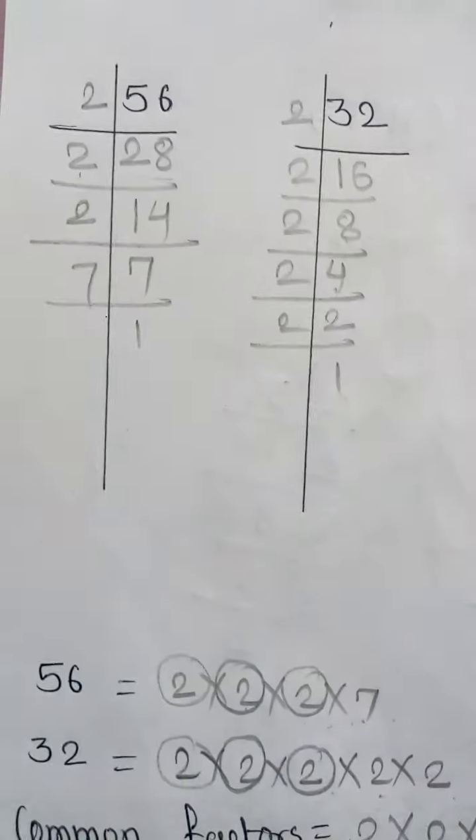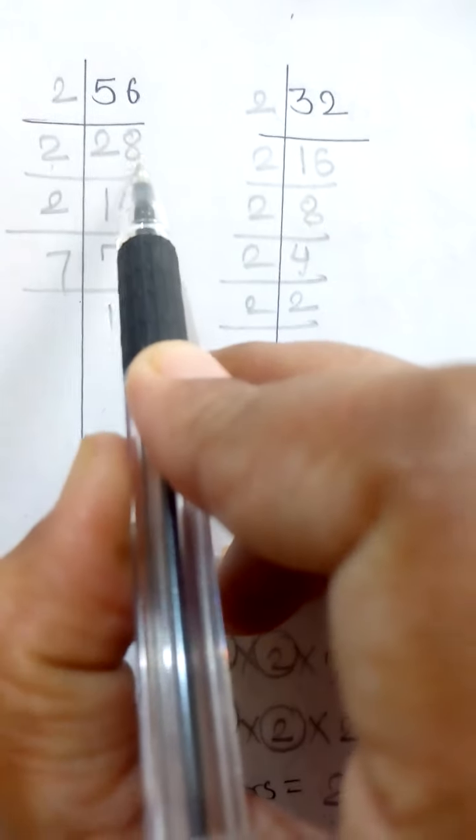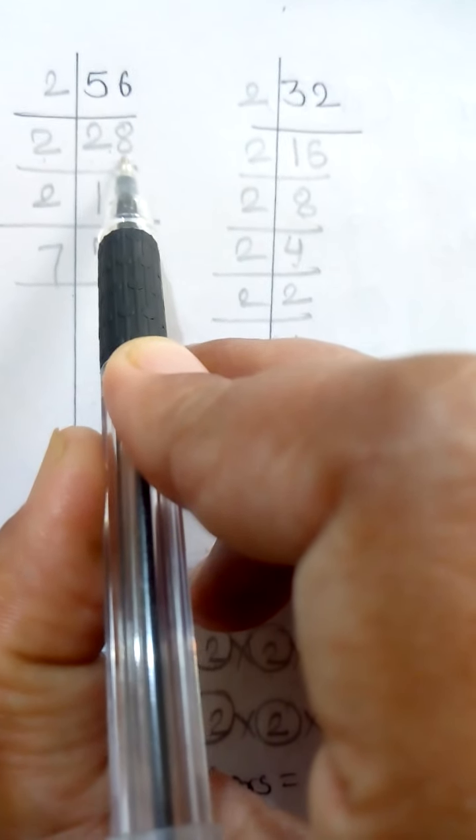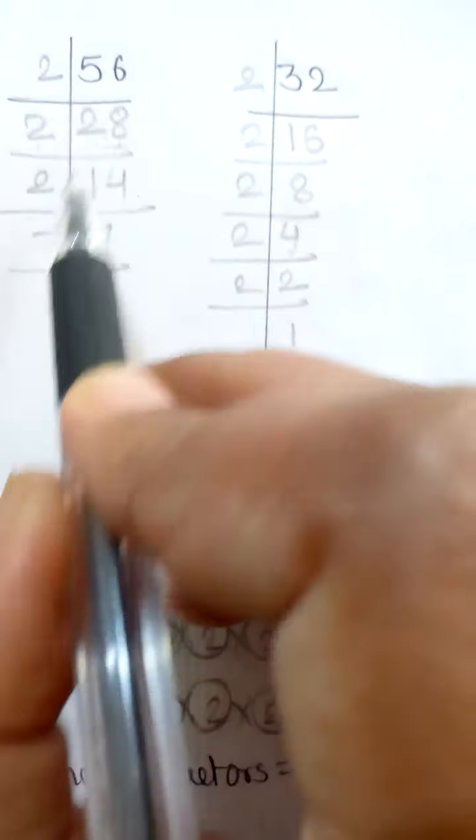Now see the second example, 56 and 32. So 56 is divisible by 2 because at the unit place 6 is there. So 2 28s are 56. Then again 28 is divisible by 2 because in its place 8 is there. Then 2 14s are 28.